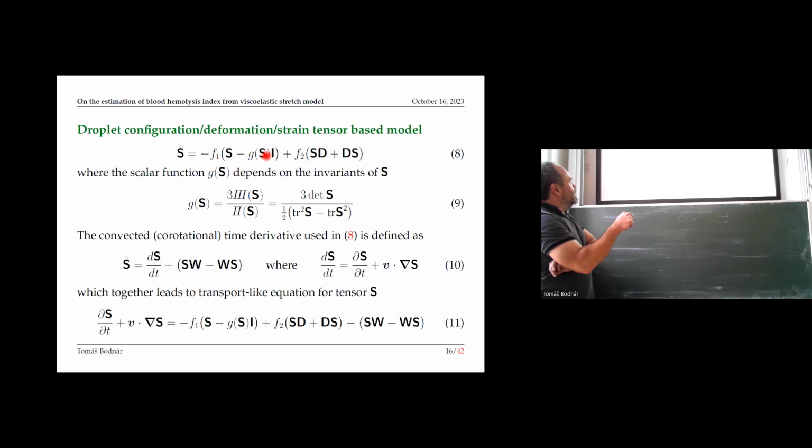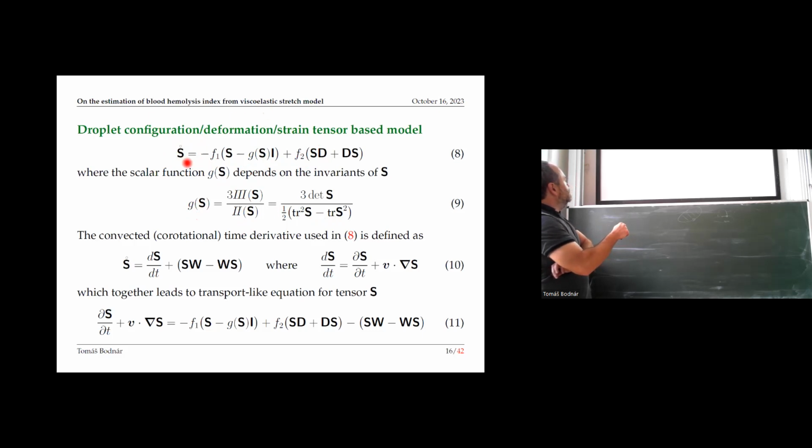So this is the elastic part, and this is the viscous part that affects the configuration tensor in this case. Again, this function G of S is a scalar function depending on the invariants of the tensor S, namely the determinant, and then the second invariant of the tensor S.